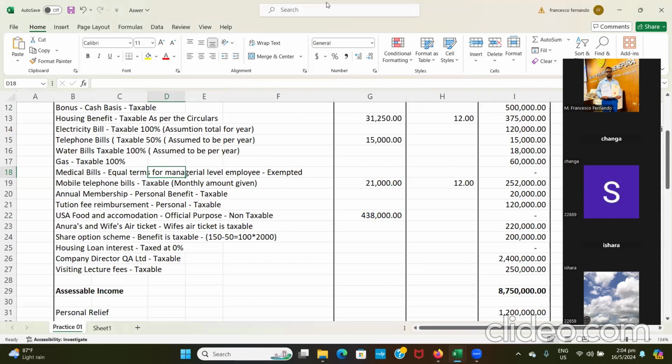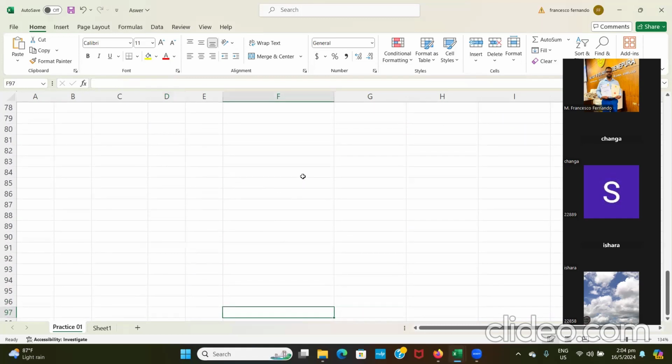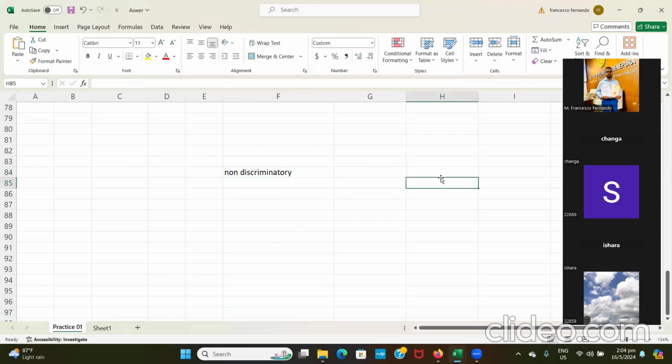So here we can say also non-discriminatory basis. This is exempted. Now, what is meant by non-discriminatory basis? I think this question also goes for Changa. What is meant by discriminatory and non-discriminatory? Discriminating is basically having a special treatment for a certain person, and non-discriminatory is treating everyone equally.